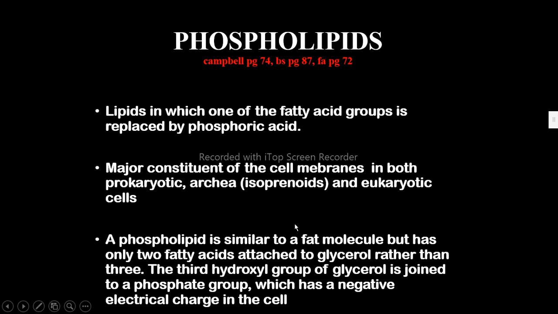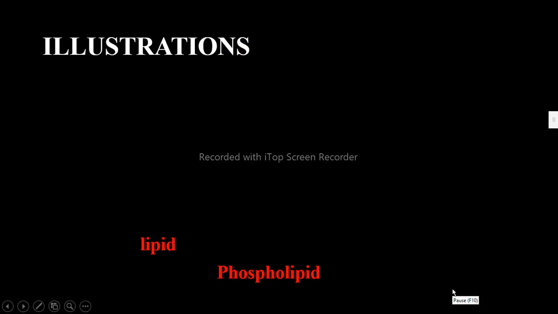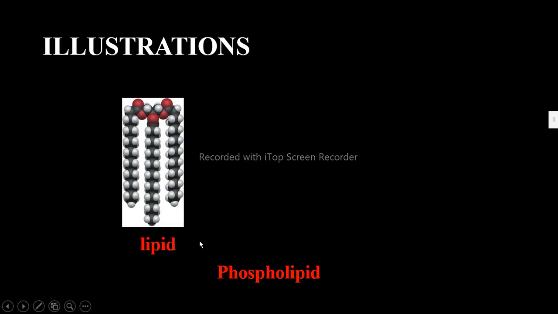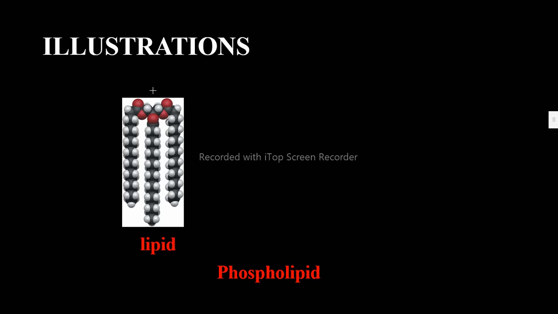We have an illustration. So basically that's our phospholipids. And let's see, how are phospholipids different from a lipid? If this is our lipid, you can see this is our space filling model of a lipid. This is going to be our glycerol, and then these ones are the 3 fatty acids that are joined to the glycerol.